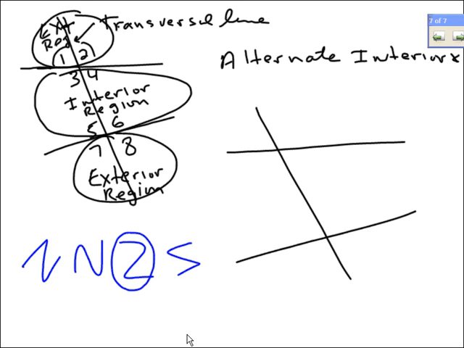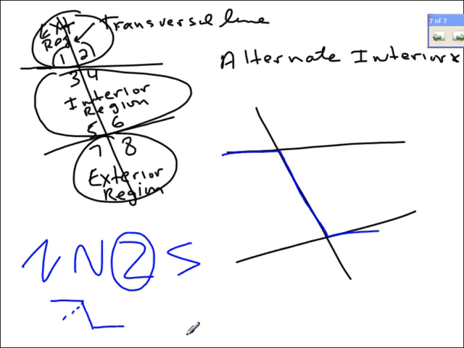Basically, you can rotate that Z any way, and that's what I call a Z. In fact, instead of going that way, it can even go like that. That's a Z. Okay? So here is a Z.